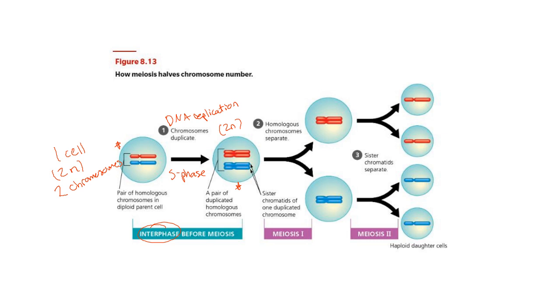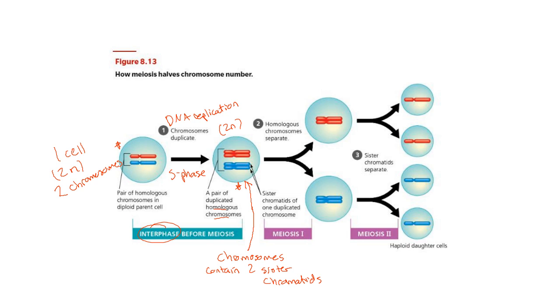Because they're the same size, same shape, etc. But these chromosomes have been duplicated, so they contain two sister chromatids. Still, you still have two chromosomes in total, but they have two sister chromatids.